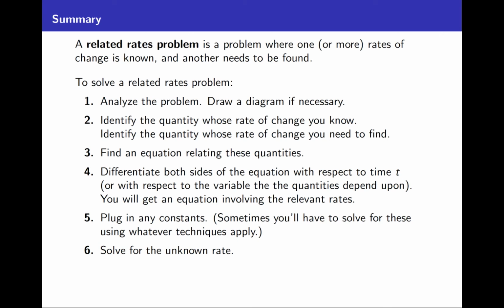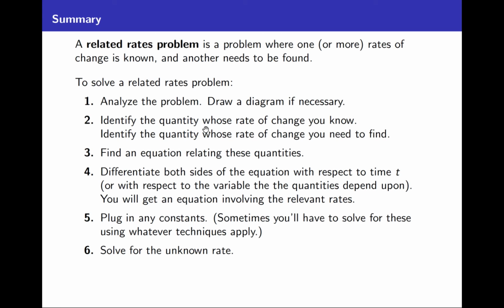To summarize, a related rates problem is a problem where one or more rates of change is known and another needs to be found. To solve a related rates problem, you do what we did in all of the problems today. You analyze it, you draw a diagram if you have to.